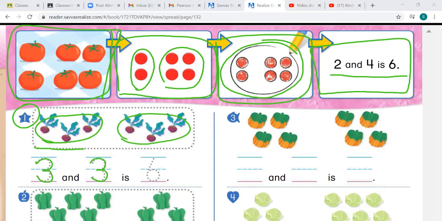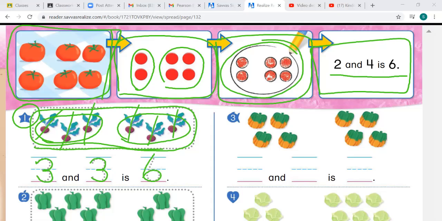We want to join the groups together. So we're going to circle both of them into one group. So now 3 and 3 is 6, and we can check that by counting 1, 2, 3, 4, 5, 6.